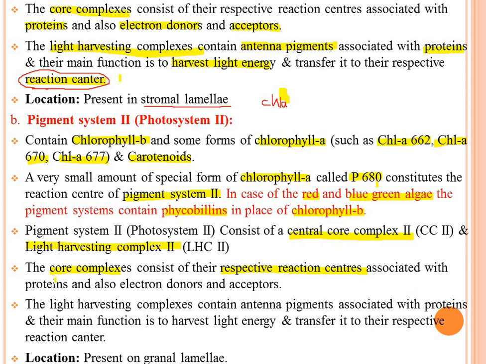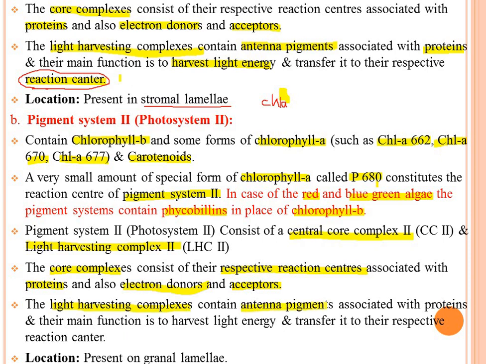It is associated with proteins and also electron donors and acceptors. These are present in core complexes: some donors, some acceptors, proteins and the main reaction center. Then the light harvesting complexes contain antenna pigments.